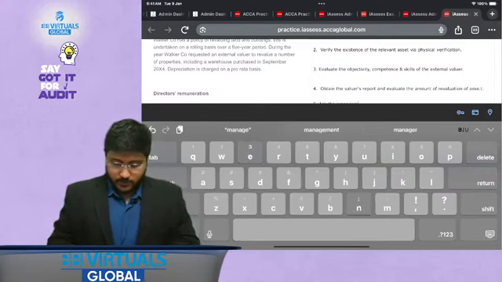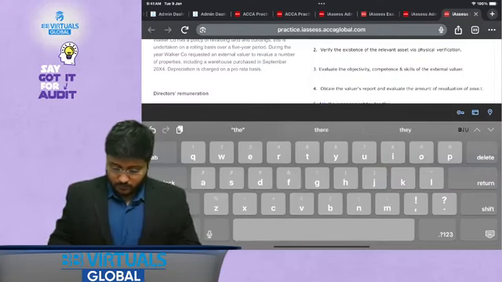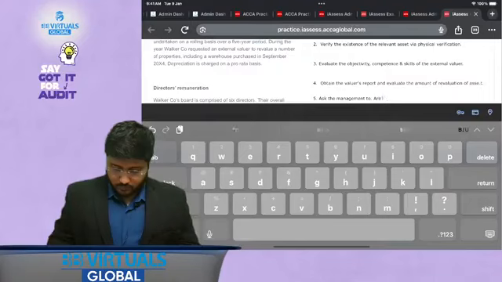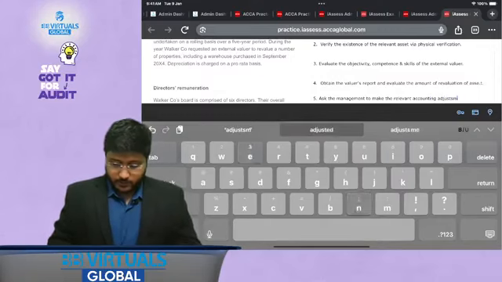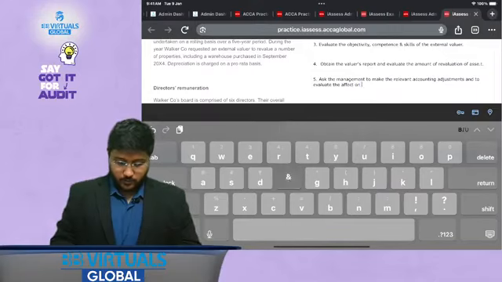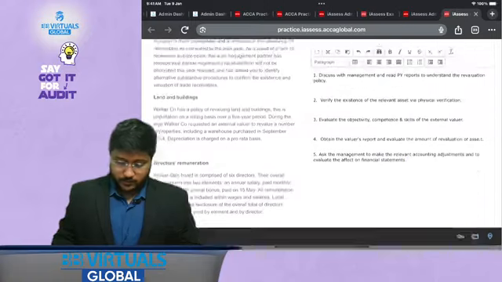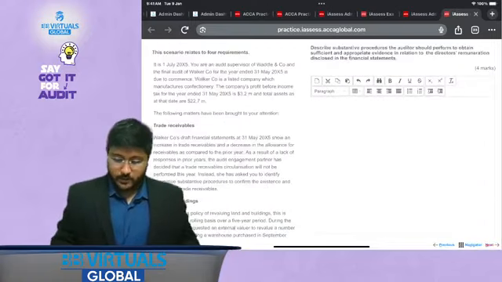Ask the management to make the relevant accounting adjustments and to evaluate the effect on financial statements. Okay, with this we have completed this question.